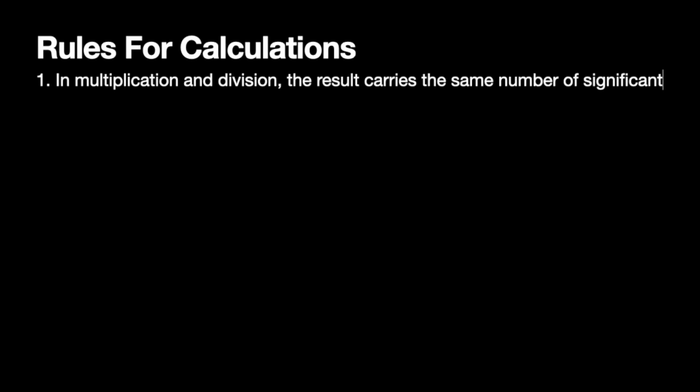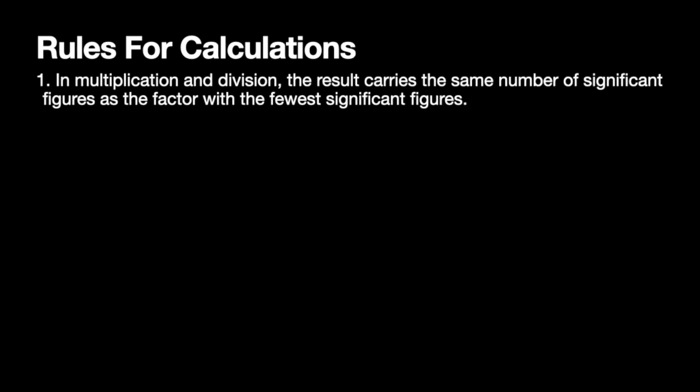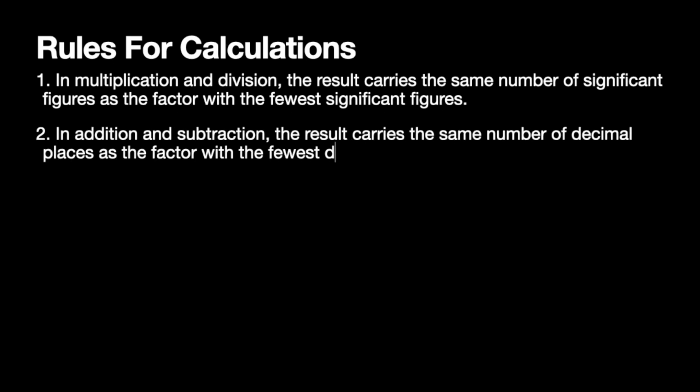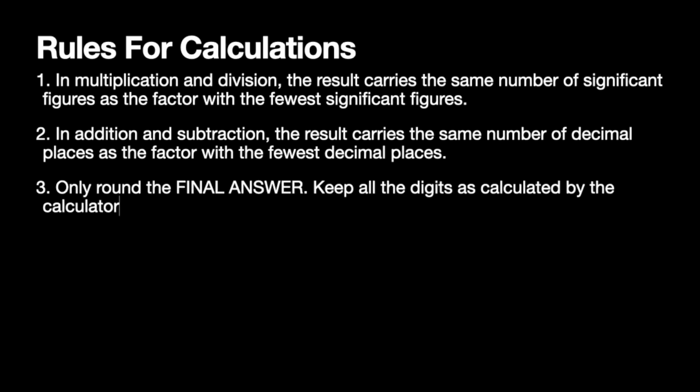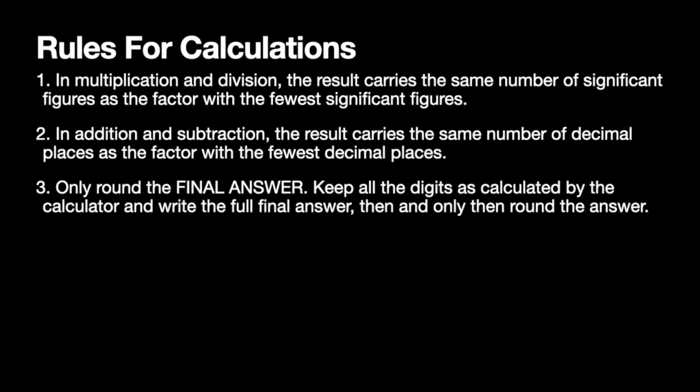Rules for calculations. 1. In multiplication and division, the result carries the same number of significant figures as the factor with the fewest significant figures. 2. In addition and subtraction, the result carries the same number of decimal places as the factor with the fewest decimal places. 3. Only round the final answer.